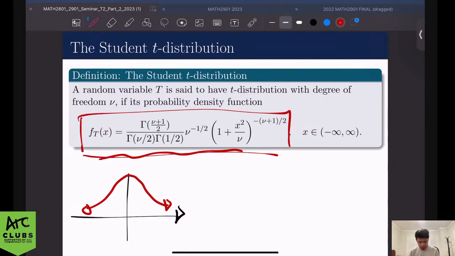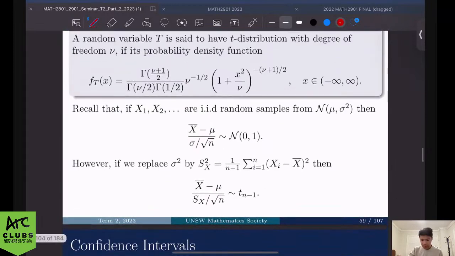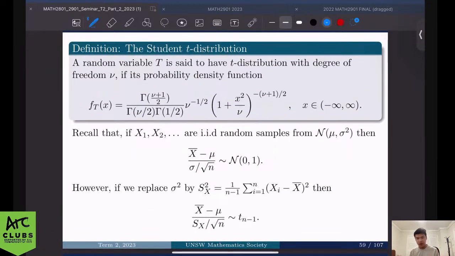But the difference is normally if you just divide something by the actual standard deviation, you get a normal distribution. Okay. But sometimes you don't have the standard deviation, so you use what's called the sample standard deviation. It's equal to 1 on n minus 1 times the sum of the deviations.